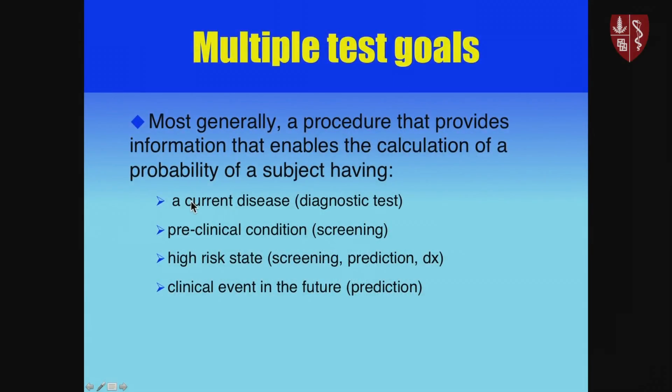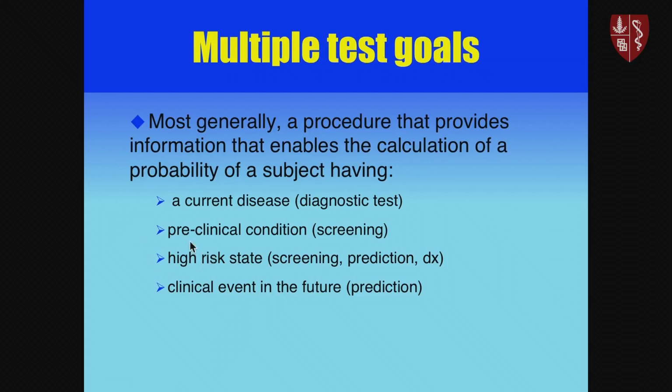So, now, what are the different roles that these tests can play? Well, there are many. So it could be to diagnose a disease that somebody has now, and that would be what you'd call a diagnostic test. It could be picking up a preclinical condition. That is, the only way you could pick it up is by doing the test, and that's a screening test.